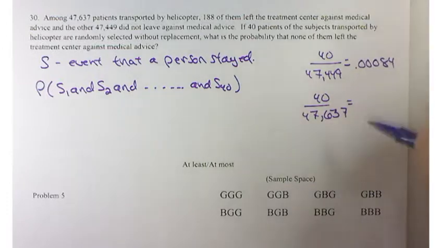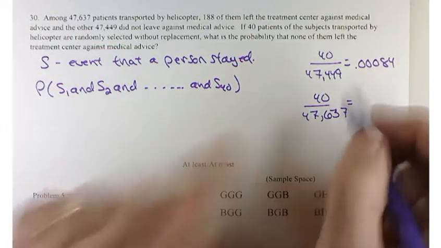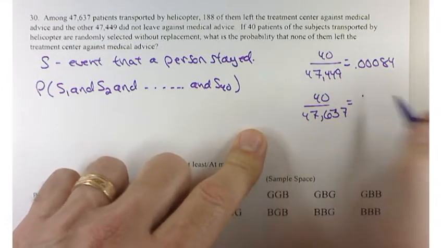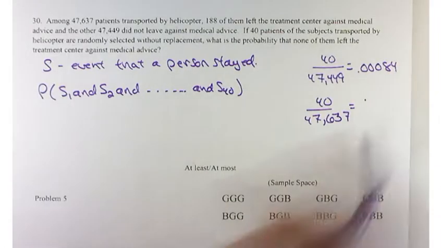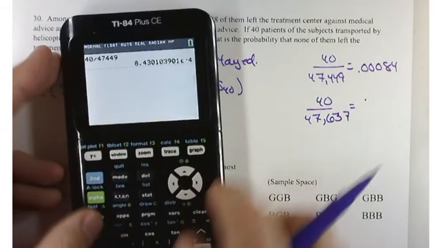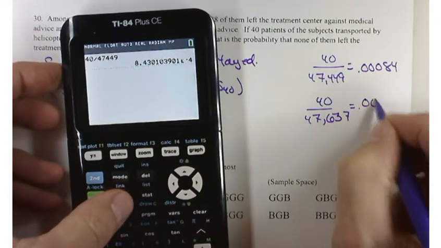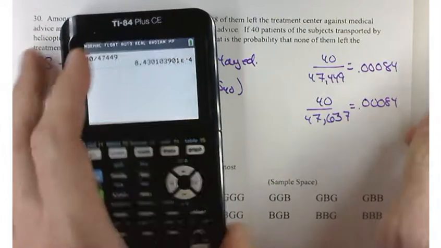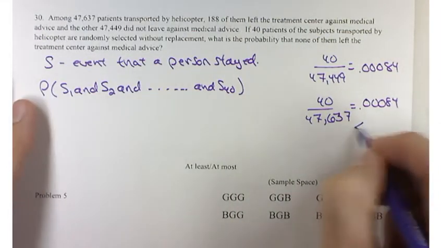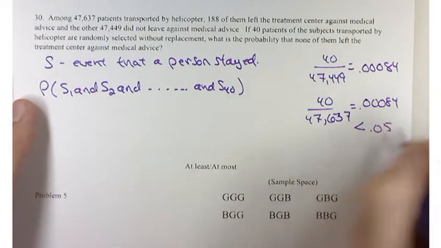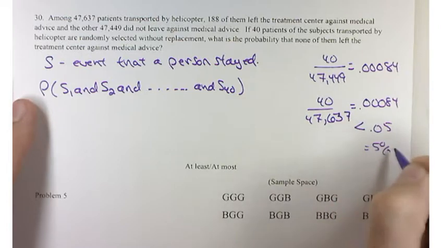So I just absentmindedly grabbed the wrong one. But thank you. So it's going to be about the same. You got me curious now here. Sorry. It's identical. All right. 0.00084. The bottom line is that they're both less than 0.05, which is your 5% rule.